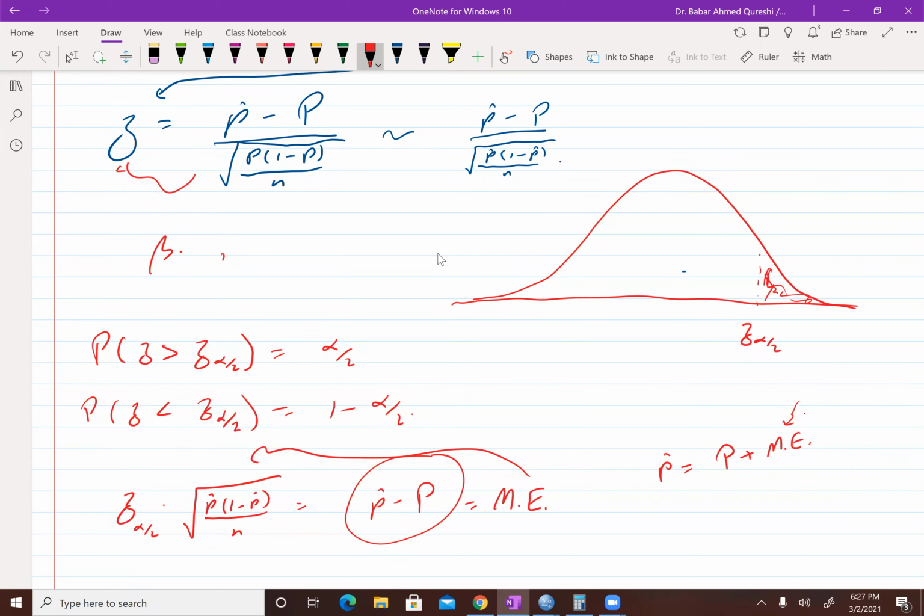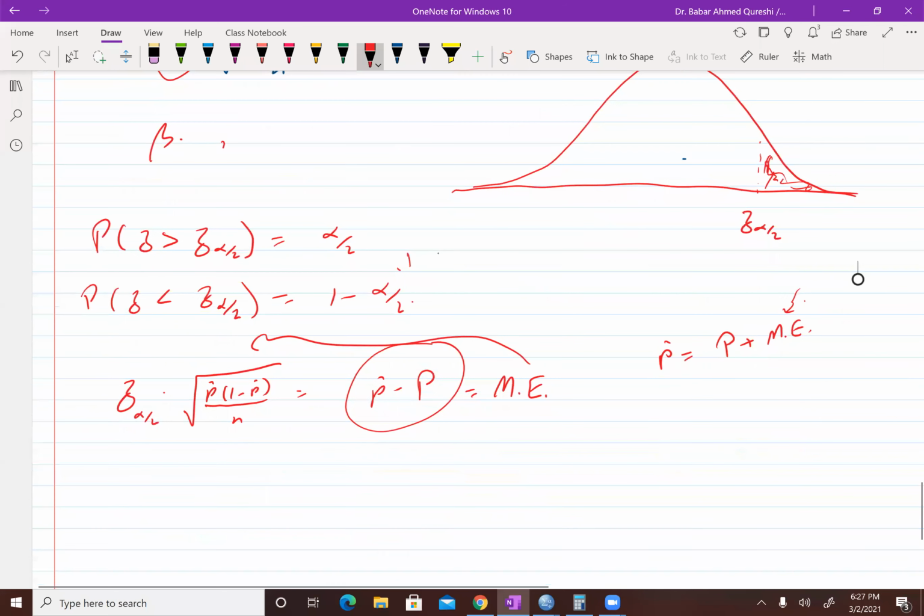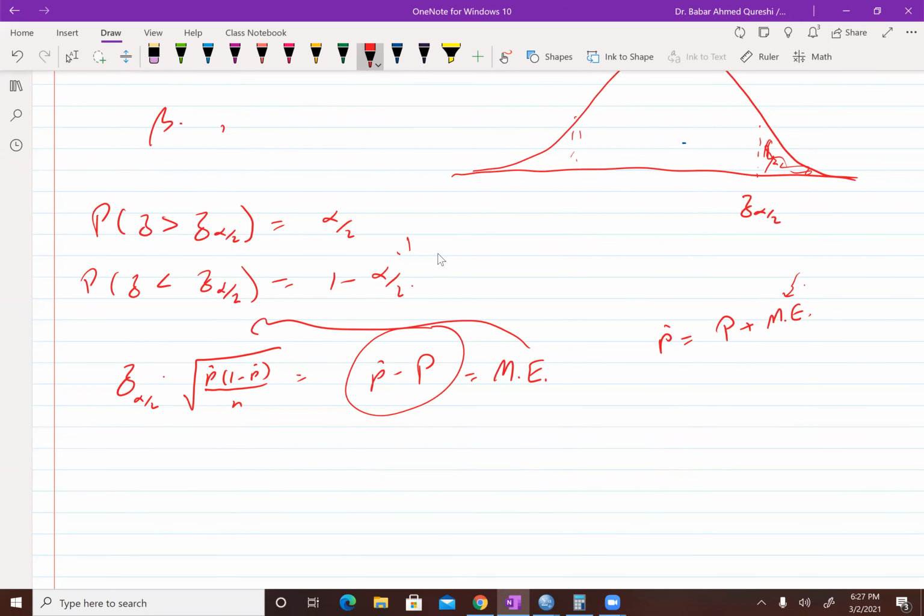And what margin of error? Given this probability. Exactly the same logic as we developed for the mean when we were estimating the mean.